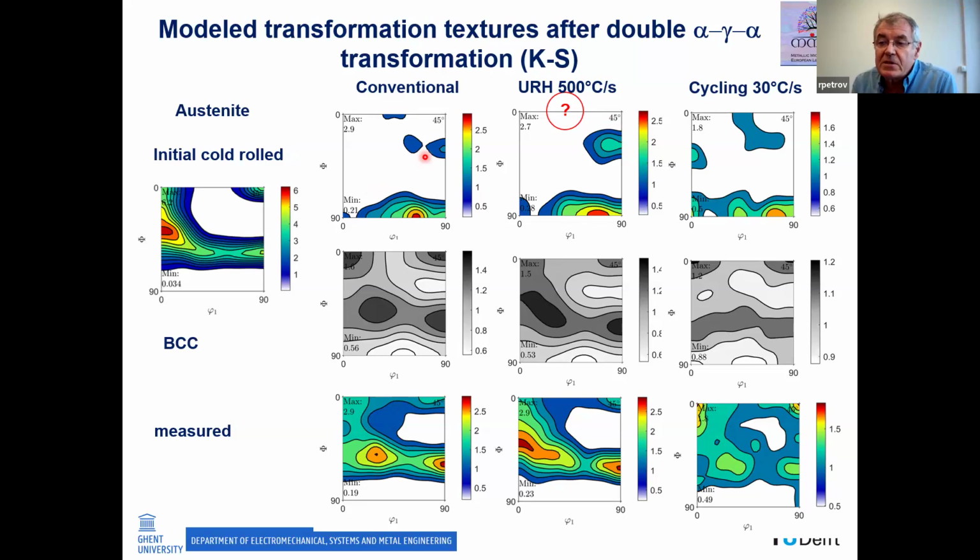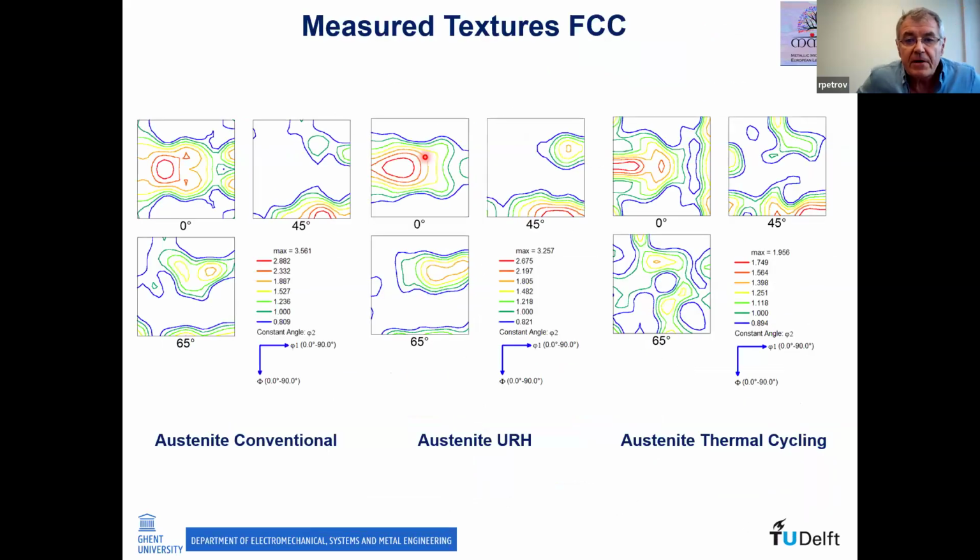Luckily, dealing with TRIP steels, you still have austenite there, and then we can still check the orientation of austenite. And if you check the orientation of austenite, you end up with this nice story. Here I plot the three ODFs of the austenite, and here you have conventional, and immediately you can see the indication for the recrystallization component of austenite with a little bit of small Goss here. Here it is missing, even Goss is missing.